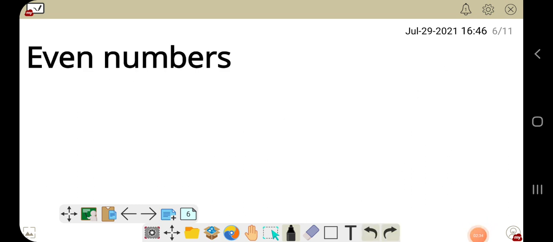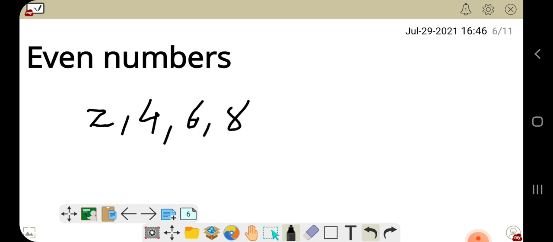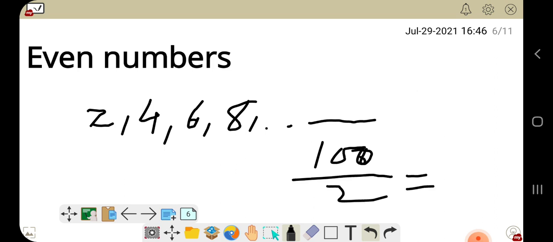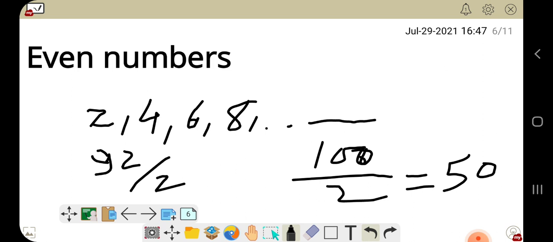Now see what are the even numbers. Even numbers are the numbers which can be divisible by 2. 2 is there, 4 is there, 6 is there, 8 is there and all these numbers. If I say 100 is there, if 100 is divisible by 2, then 100 will be also an even number. So if I say 92, if 92 is divisible by 2, then 92 will be called as an even number.